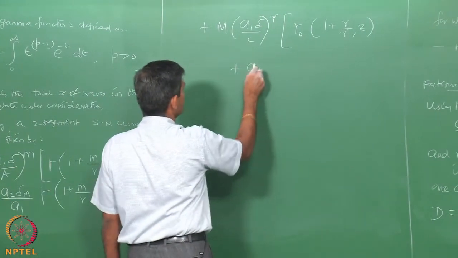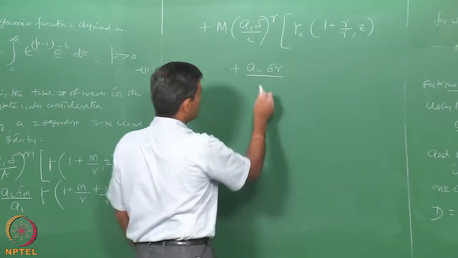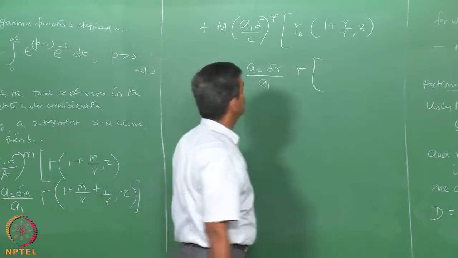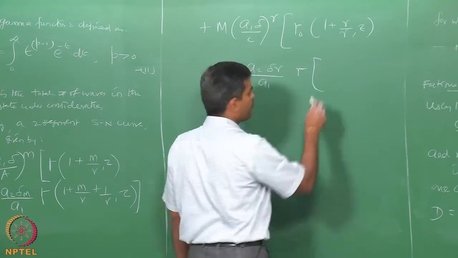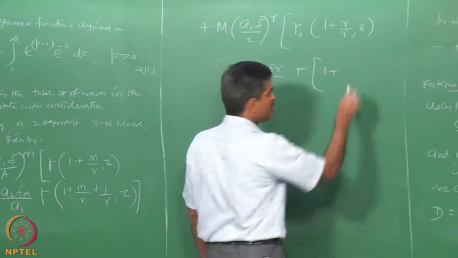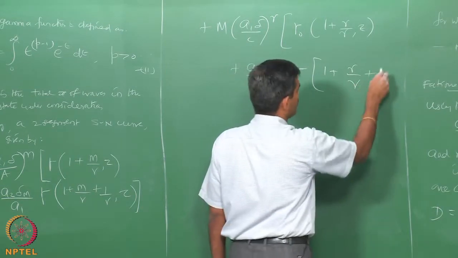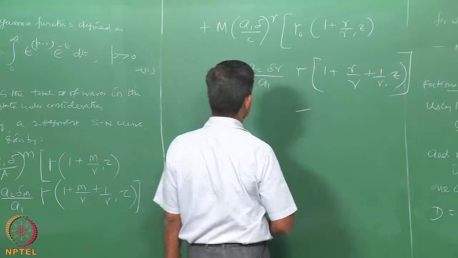Plus A2 delta r by A1, gamma function of 1 plus r by nu plus 1 by nu, z. Equation number 12.